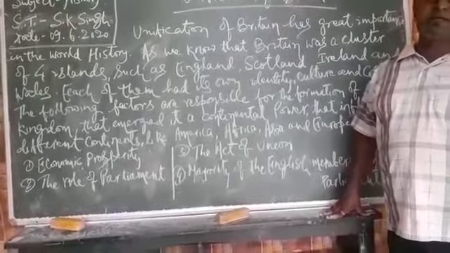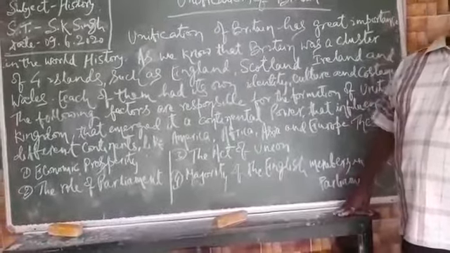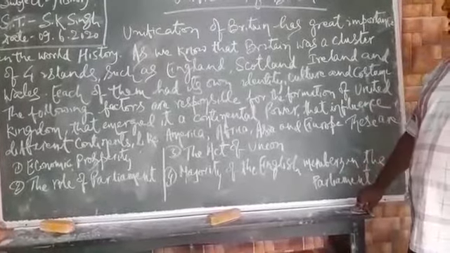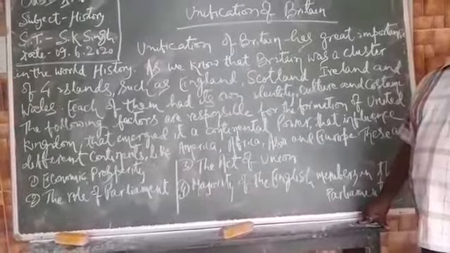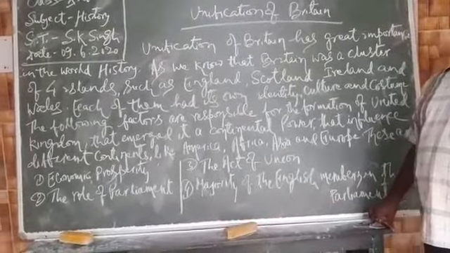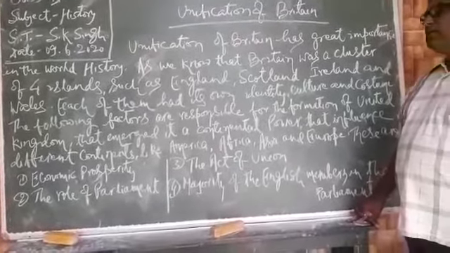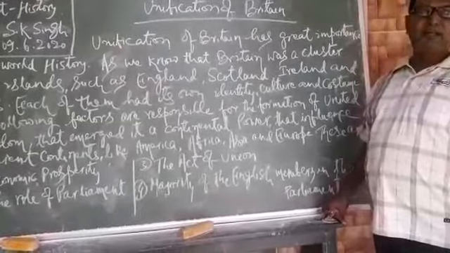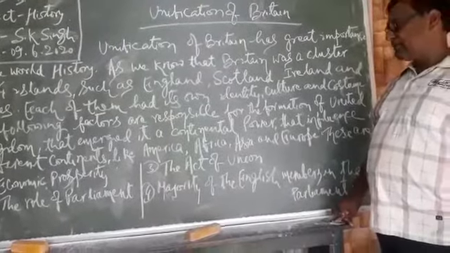Protestants came in favor of England, and Catholics were suppressed with a strong hand. So we see that Scotland became part of the United Kingdom. The Scottish people were forced to leave their own identity and costumes, although the Highlanders of Scotland were allowed to speak their own Gaelic language.